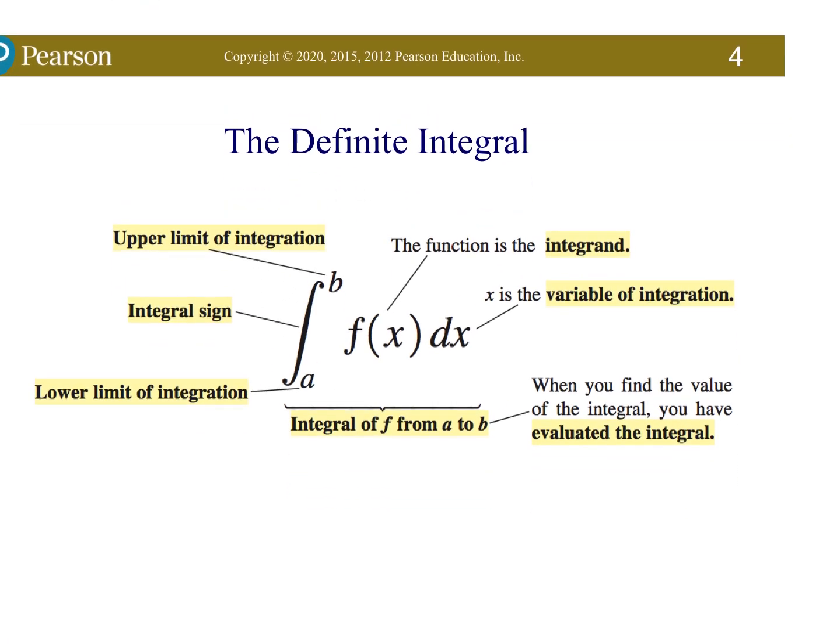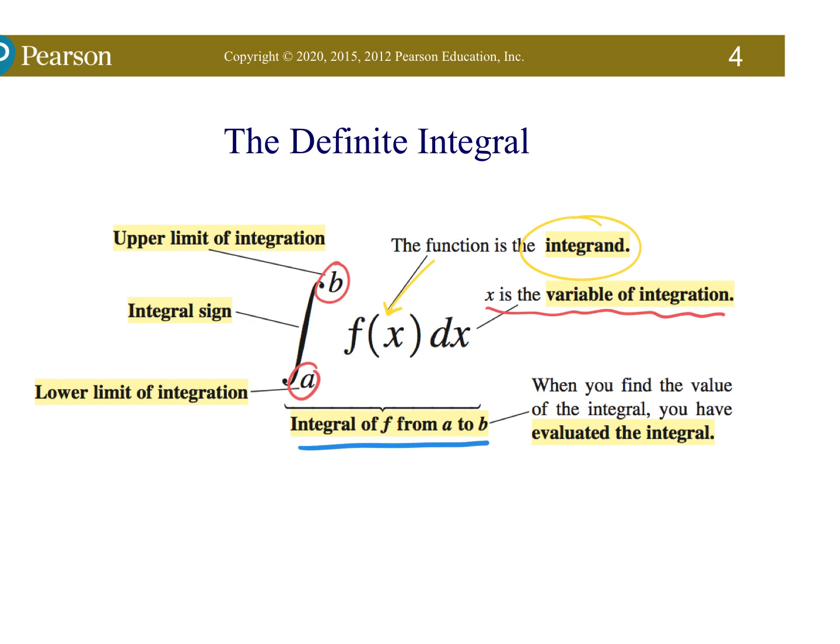So all the pieces have a different name, right? We call it an integral. We have the integrand. Okay, the integrand is the function that you're working on. The variable of integration is x. We call it from a to b. And so just the language, we read that as the integral of f from a to b.